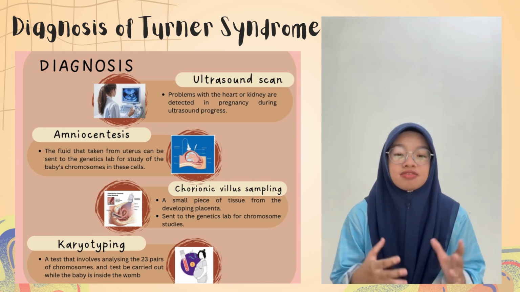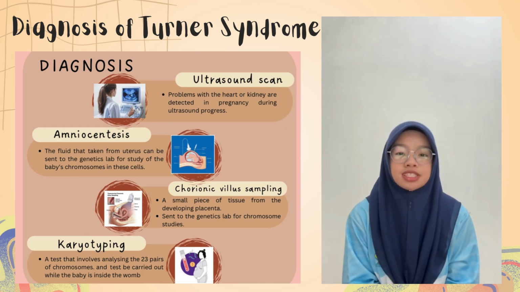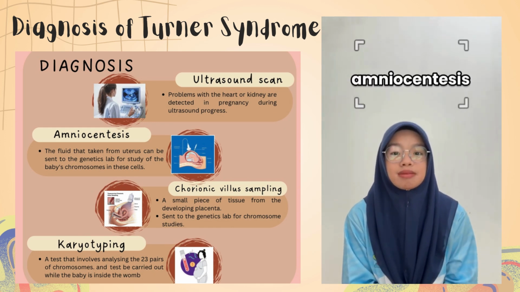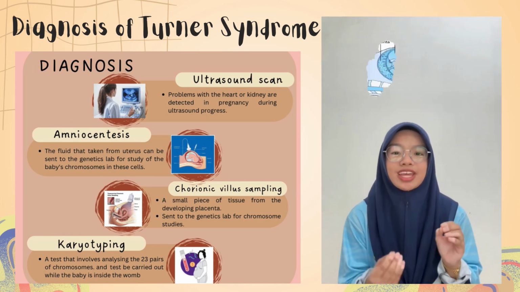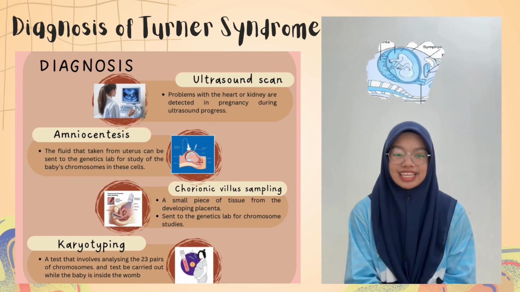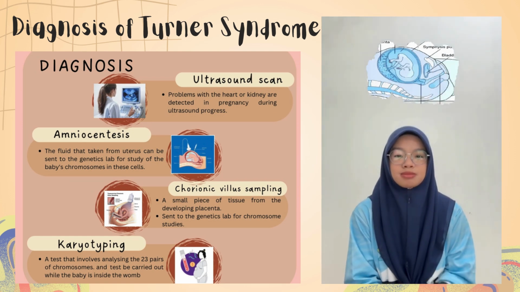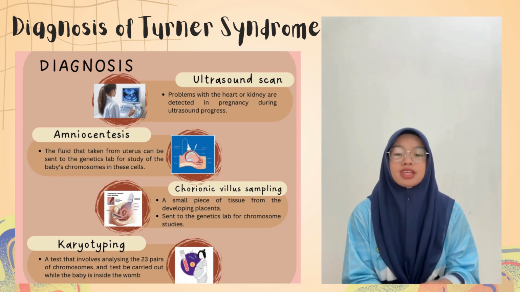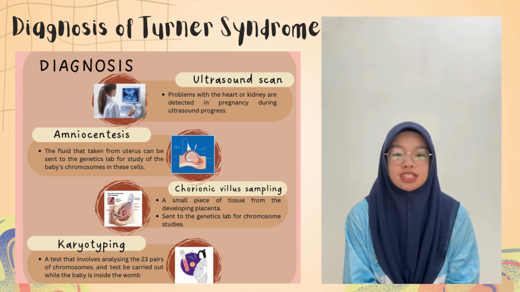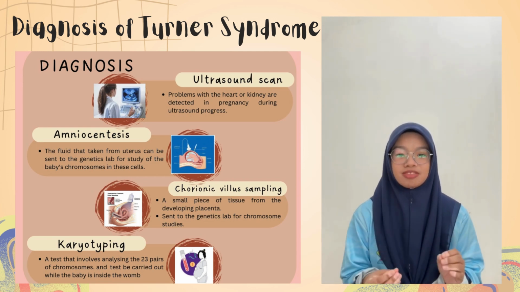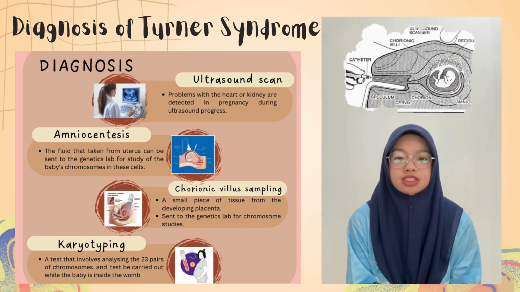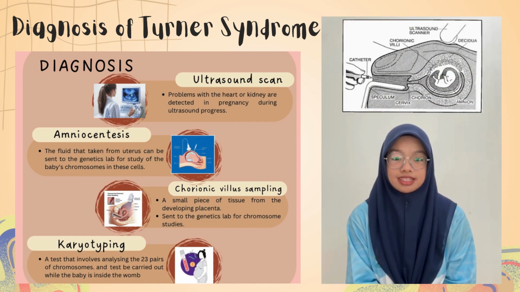Next, to confirm the diagnosis, a procedure called amniocentesis can be performed, where a sample of amniotic fluid is taken to analyze the baby's chromosomes. We can also do a procedure like chorionic villus sampling. This involves taking a small piece of tissue from the developing placenta.